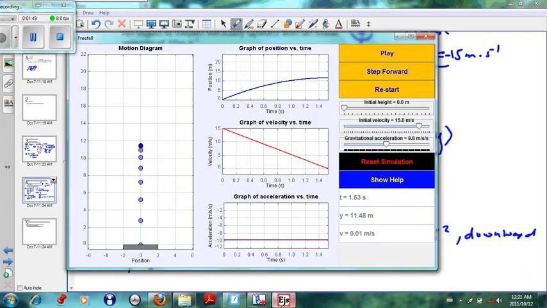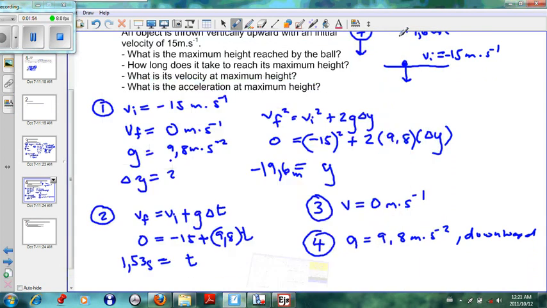So there's a mistake in our sum, and the 11.48 is correct. If we recalculate this, we do get 11.48, and let me just correct that error. The proper answer will be 11.48, and that is a silly calculator error.